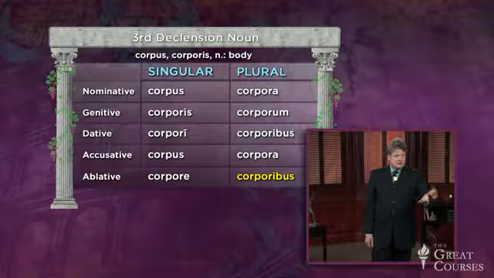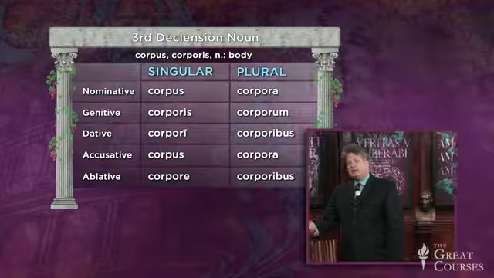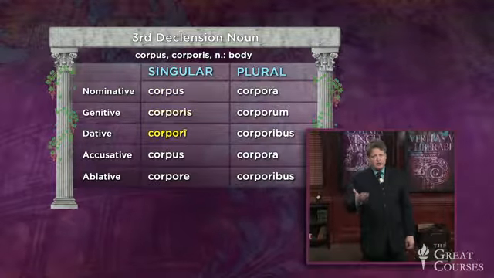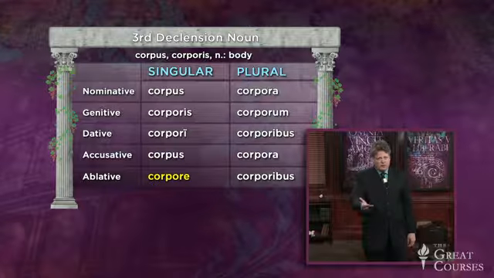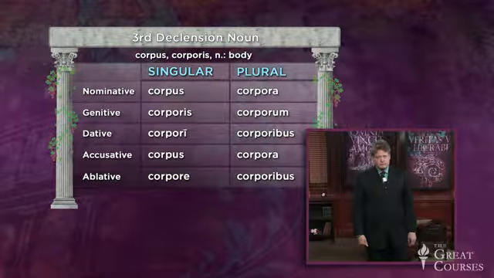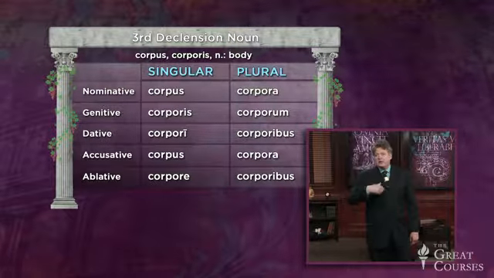Let's decline body again. First we'll do it in the singular and then the plural. Please repeat after me. Corpus, corporis, corpori, corpus, corpora. And now we'll do the plural. Please repeat after me.